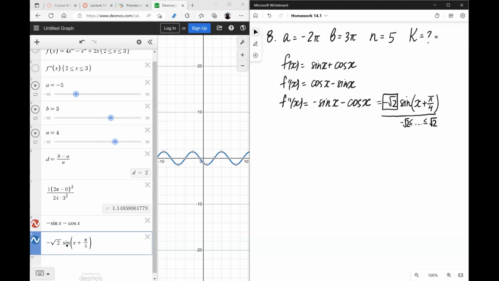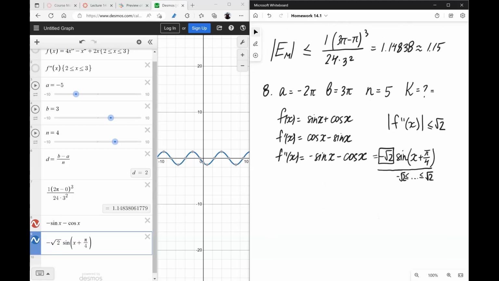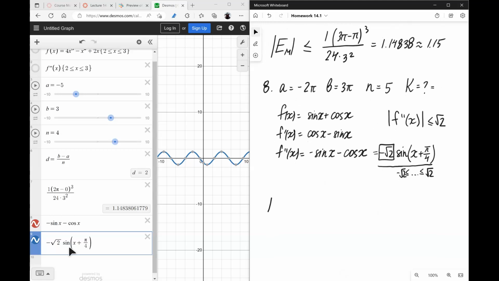That means the absolute value of the second derivative, the largest it can be, is the square root of 2. So we're now ready to plug all the ingredients into the formula.